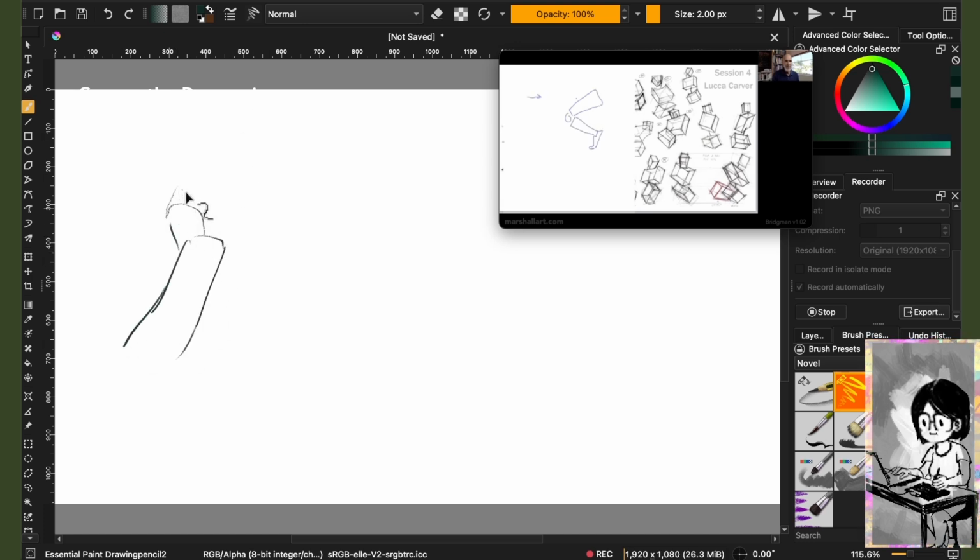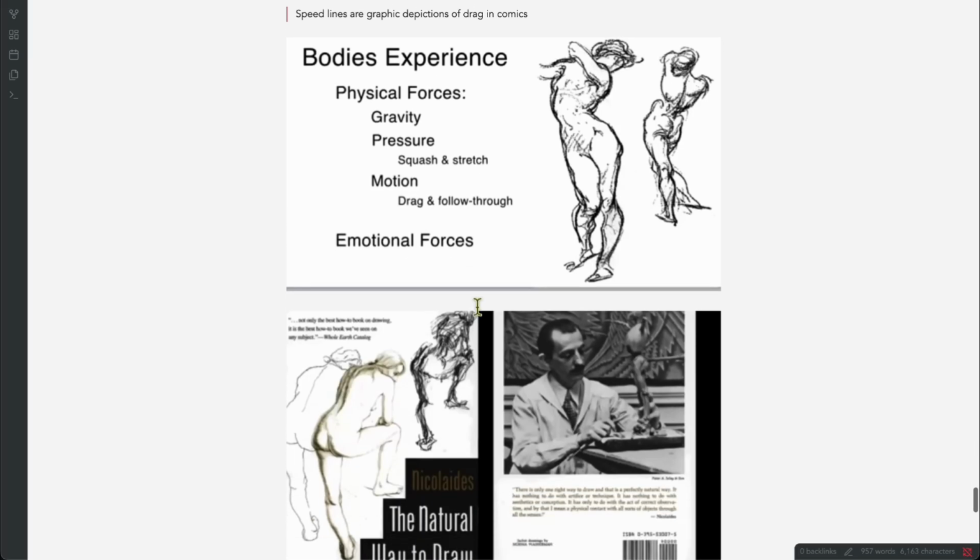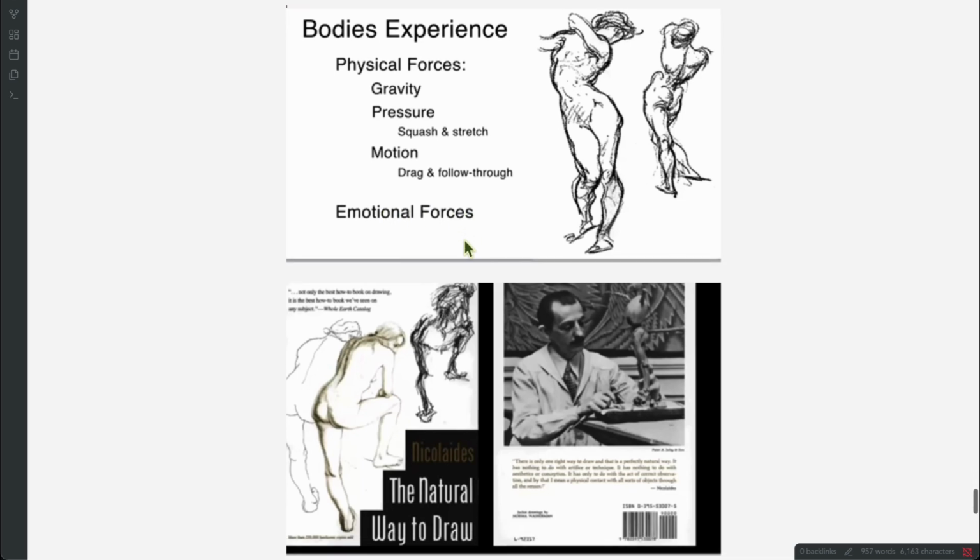So moving on, there's also one last force, which is something I never thought about before in drawing figures, and it adds to the emotional and empathetic aspect of it. So it's emotional forces. You think about what the figure is feeling in that moment emotionally.